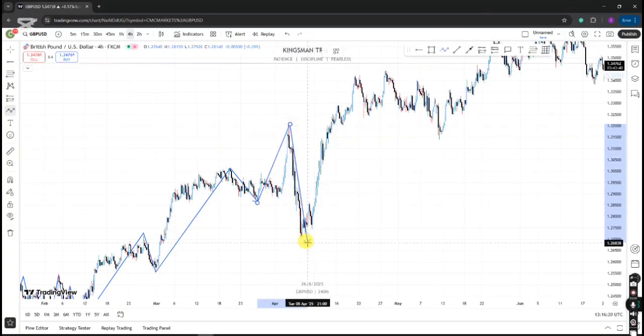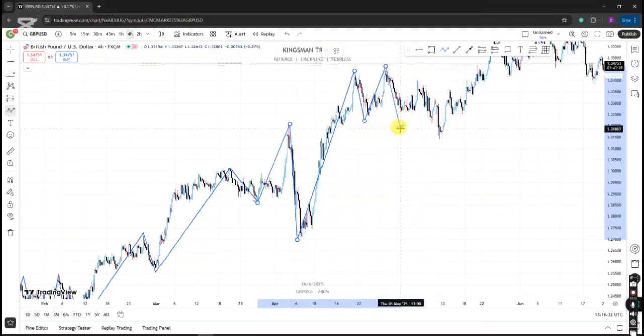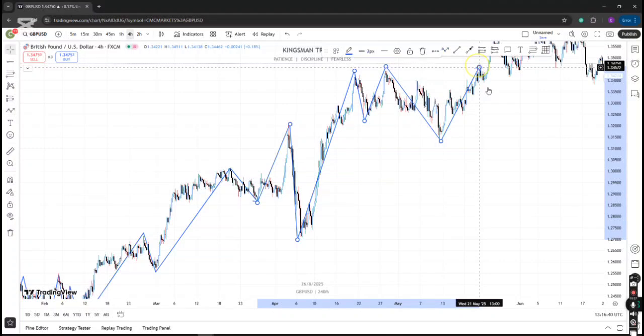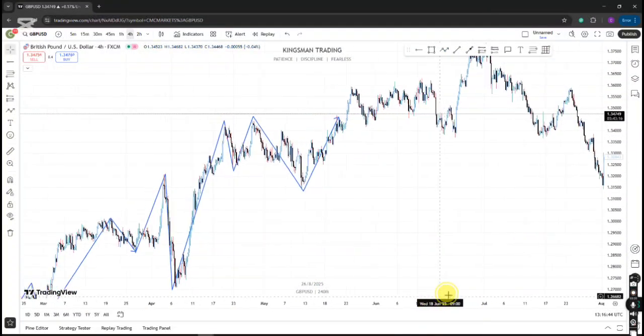Price came back down, took out liquidity, tapped into an unmitigated POI, then continued movement to the upside, higher low. Price came back, took out liquidity from these lows, filled another unmitigated POI around this side, and then continued movement to the upside. So that's basically what's happening.